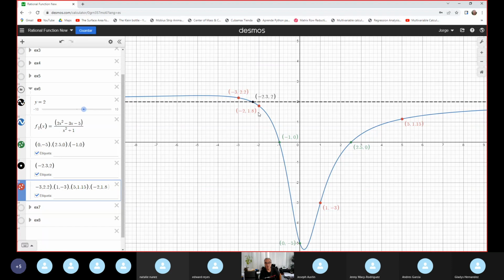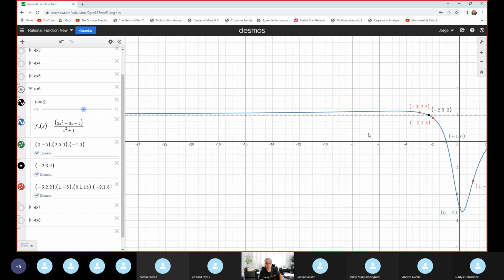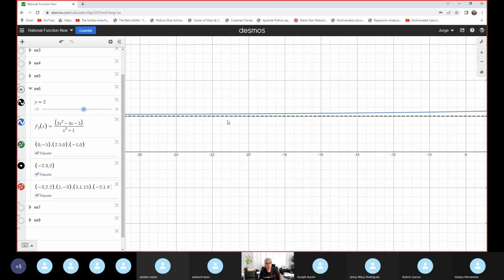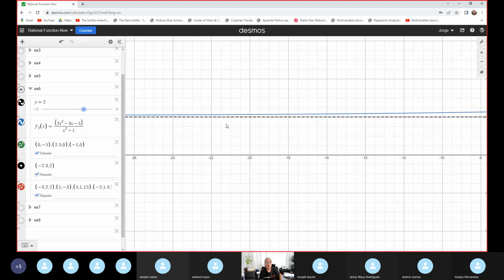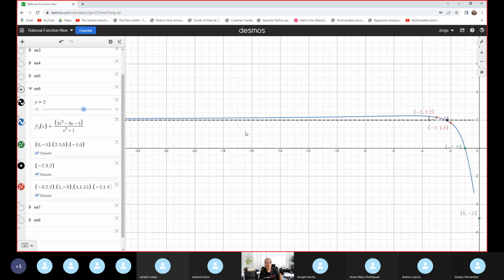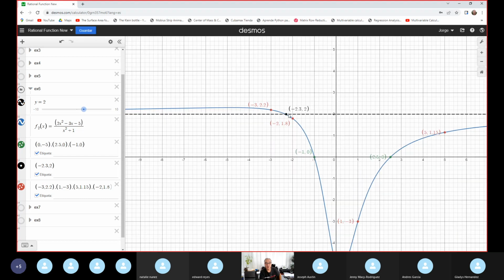If you want more information, you can select more points. But you see clearly our curve approaches asymptotically the horizontal axis, but never touches it except at this famous point, negative 2.3, 0. Here is an important point.